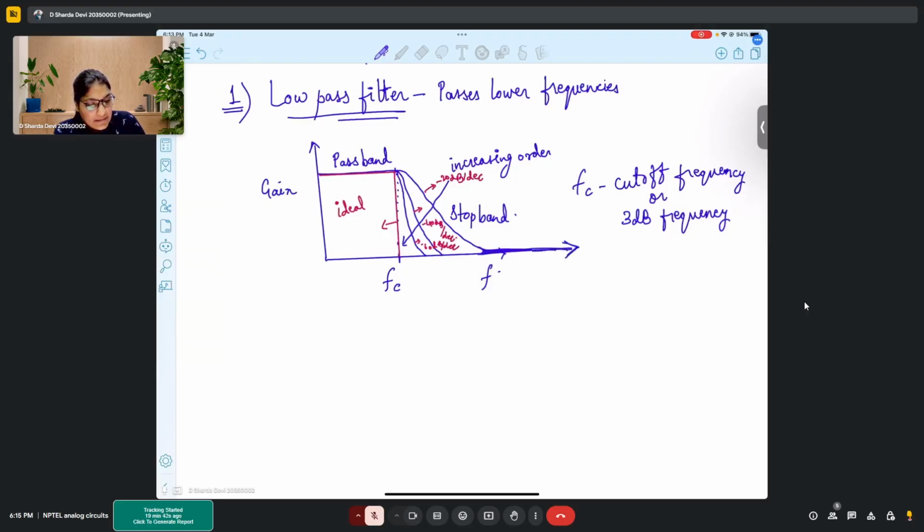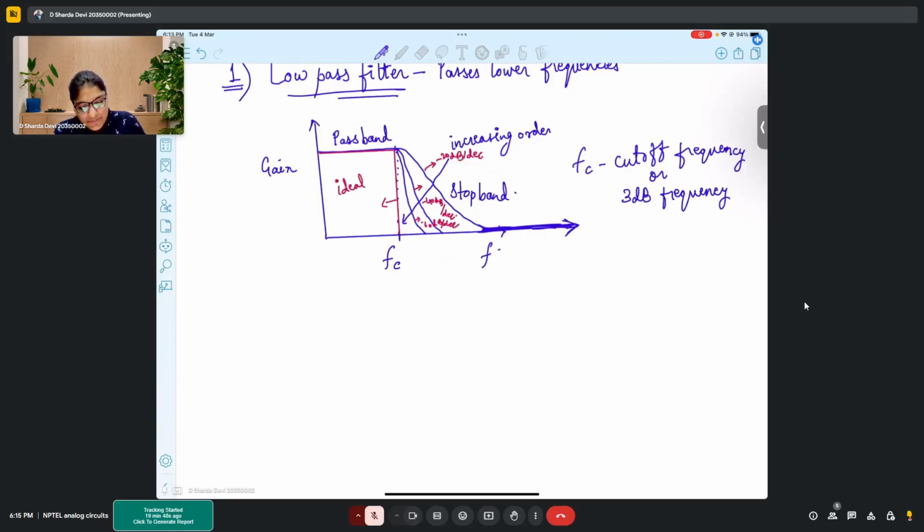So if this is the behavior that I want, looking at this pole zero, like this transfer frequency response, can you tell me how many poles or zeros are required for designing a low pass filter? Like the simplest low pass filter, how many poles and zeros are required to design this?